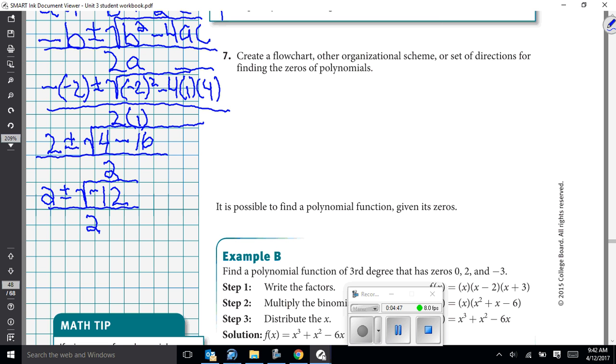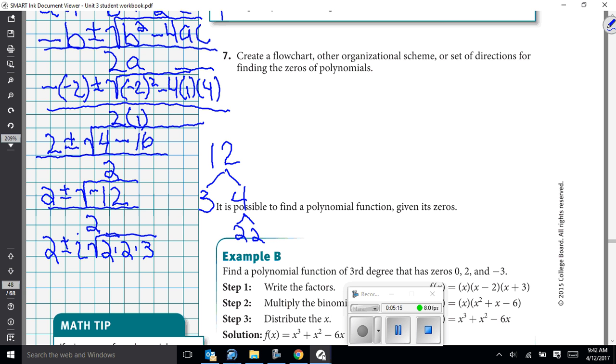When we have a negative inside our square root, how do we deal with that? Now, the square root of 12, can that be simplified? Nope. All right, well, can we do the factor tree? All right, so I have two 2's.